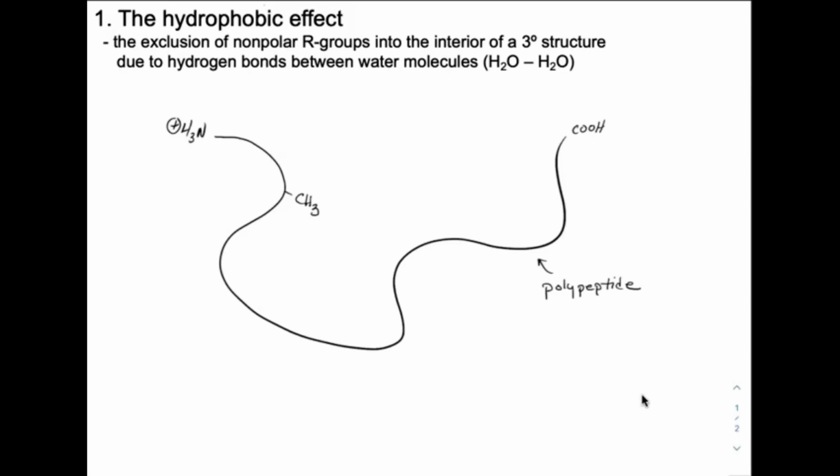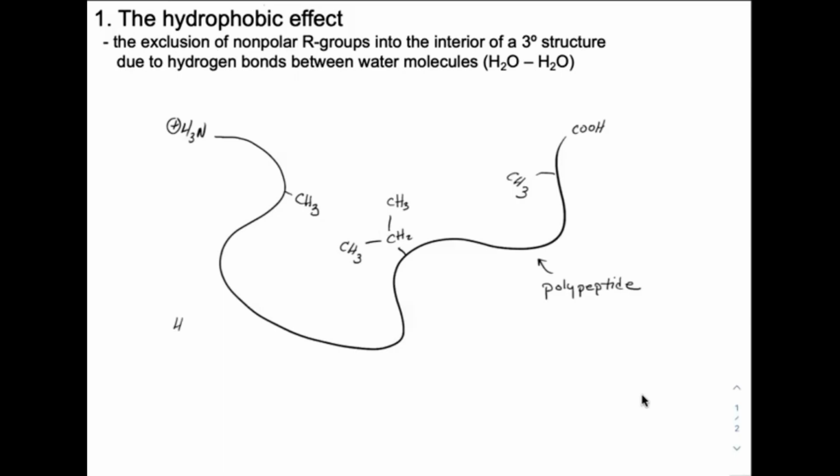So say you have sticking out from this polypeptide backbone various R groups. If those R groups are nonpolar R groups, in other words, if those R groups contain methyl groups, like the hydrocarbon I'm drawing here, I'm just drawing the R group part, and then just methyl groups there, those are nonpolar groups, right? Carbon and hydrogen bond is nonpolar.